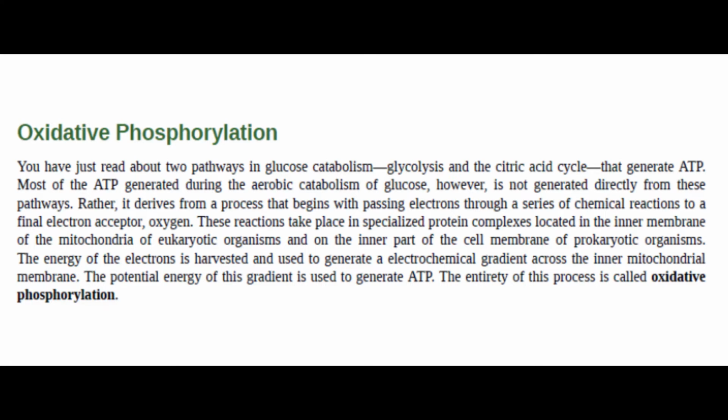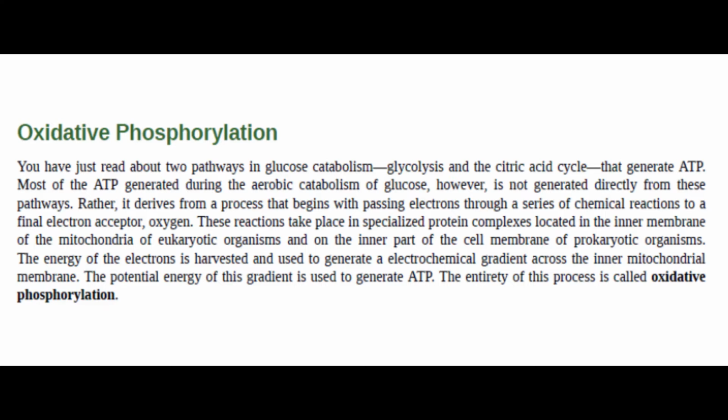Rather, it derives from a process that begins with passing electrons through a series of chemical reactions to a final electron acceptor, oxygen. These reactions take place in specialized protein complexes located in the inner membrane of the mitochondria of eukaryotic organisms and on the inner part of the cell membrane of prokaryotic organisms.